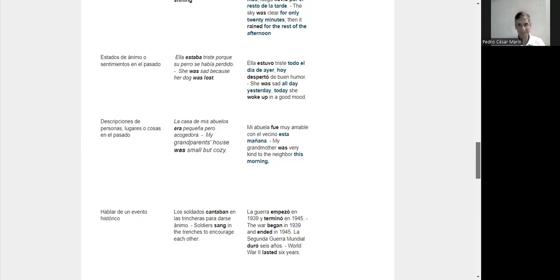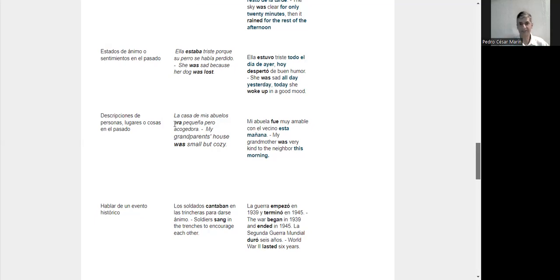This morning, you see how the moment is the one that helps you to choose the correct conjugation. The moment. So my grandma was very kind this morning. That's simple past. Mi abuela fue muy amable con el vecino esta mañana. Not always, as in the other one. The other one is describing the way that she used to be always. Repetition.